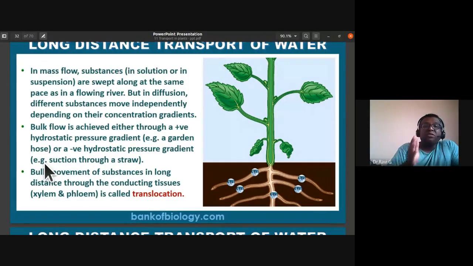So this is a positive hydrostatic pressure gradient. Whereas a negative hydrostatic pressure gradient is suction through a straw. Okay, so that is what you have to remember.